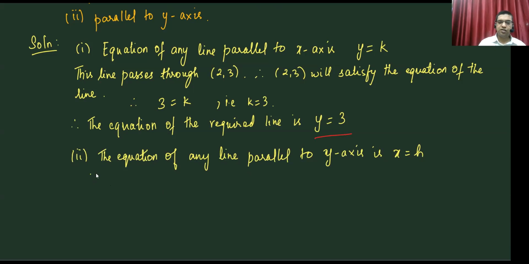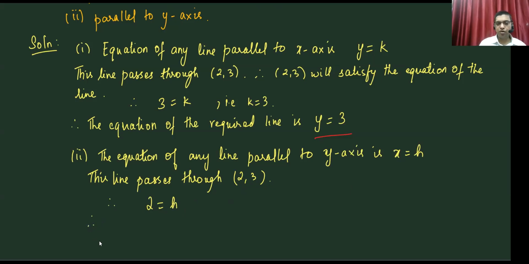Now, since this line passes through (2, 3), therefore substitute 2 is equal to h upon substitution. So we found h.